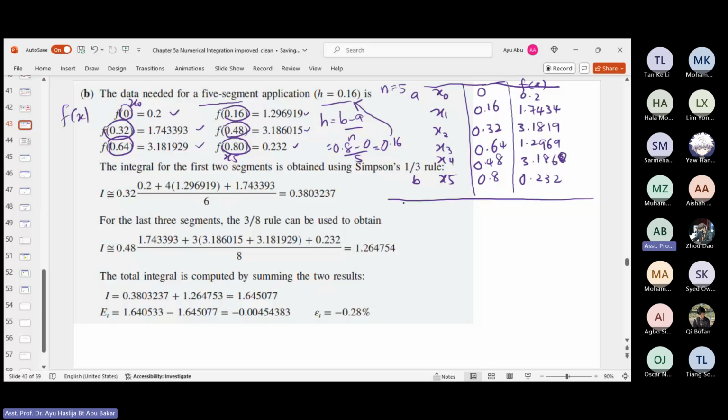Now, it asked you earlier to use the 3/8 rule in conjunction with 1/3. So 5 segments. Let's say, for example, this is the curve, with 5 segments from a to b.